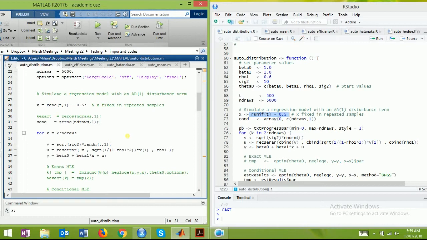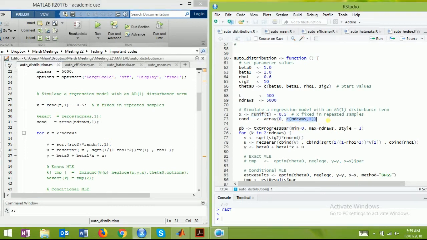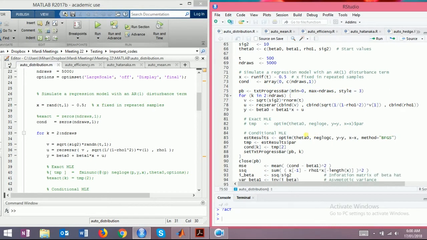So in R, the condition array function will be array. We want zeros of n draws and one column. This is not important. Text progress bar, minimum 0, maximum is the number of draws, style is whatever style it is.